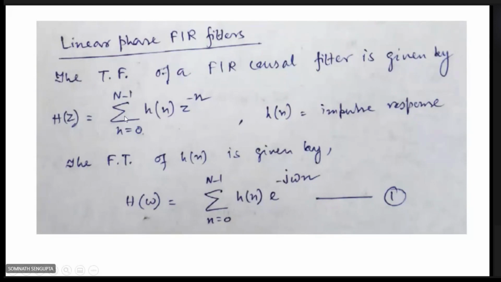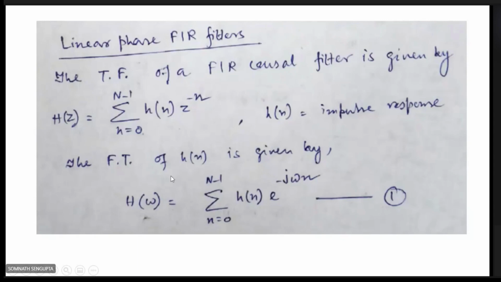Let us say there are N samples starting from n equal to 0, so n goes from 0 to N minus 1. H(z) is the summation from n equal to 0 to N minus 1 of h(n) z to the power minus n. Here h(n) is the impulse response, and z comes from the theory of the z transform.